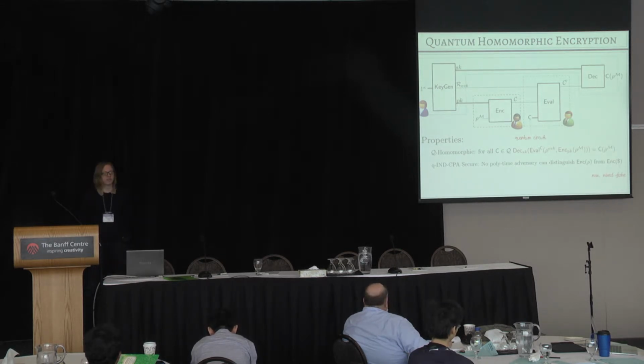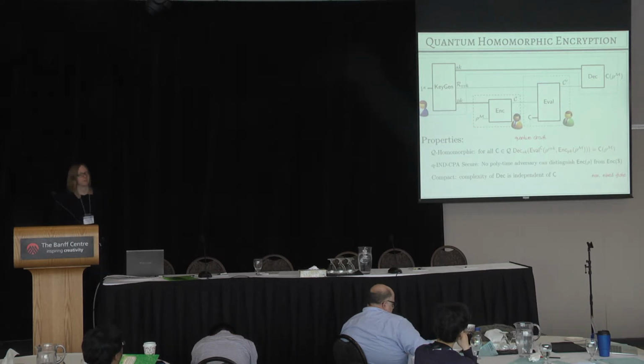And on a high level, this just says that no polynomial time adversary can distinguish an encryption of rho, some state chosen by the adversary, from an encryption of a maximally mixed state. And then we also require compactness. So the complexity of decryption should not depend on the complexity of the evaluated quantum circuit C.